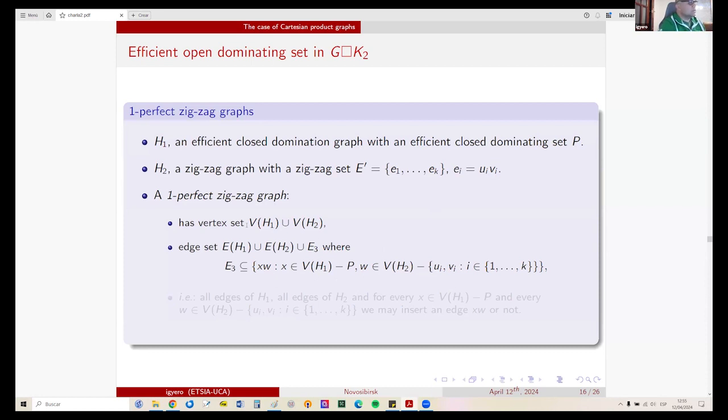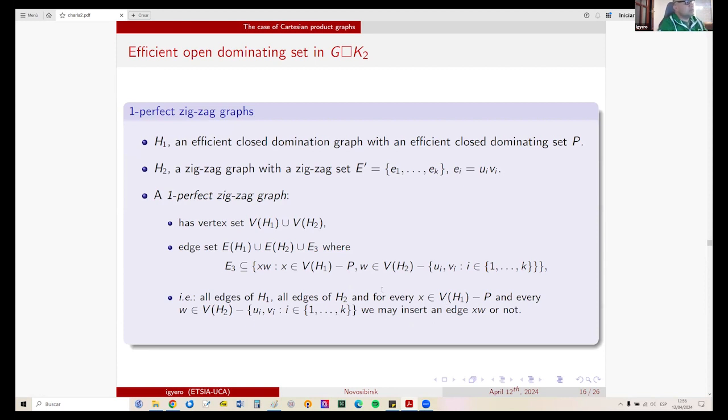We define a graph this way: all edges of H1 or H2, and for every X which is not in the efficient closed dominating set and every W which is not in the zigzag set, we may insert an edge between these two vertices. Or maybe we don't need to add one. There could be some edges.